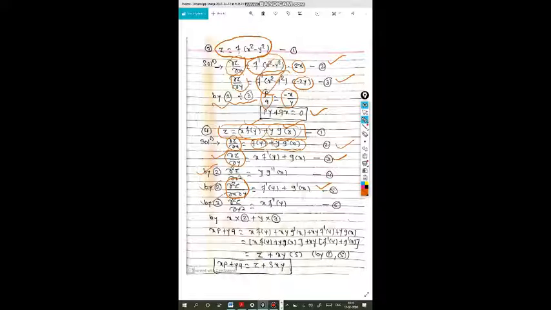Once you get the first and second order partial derivatives, now you have to observe equations 1 to 6, and think by which way you are able to eliminate the functions f and g. In this case, I observed first of all that if we multiply equation 2 by x and equation 3 by y, we get xp plus yq like this.